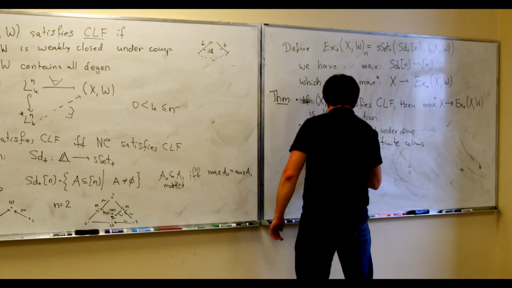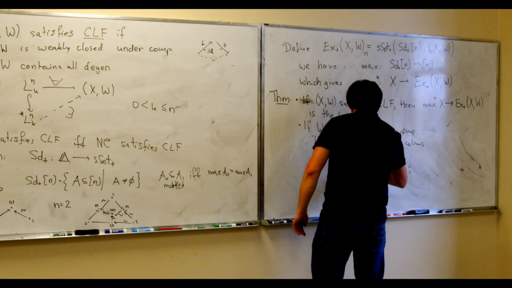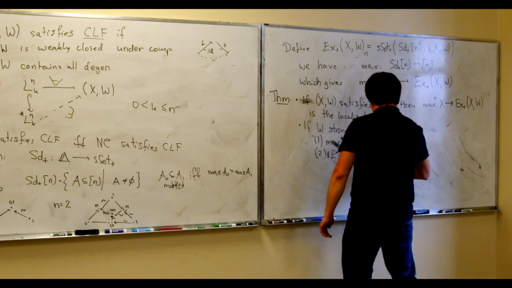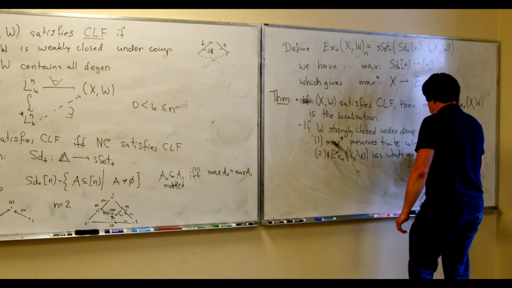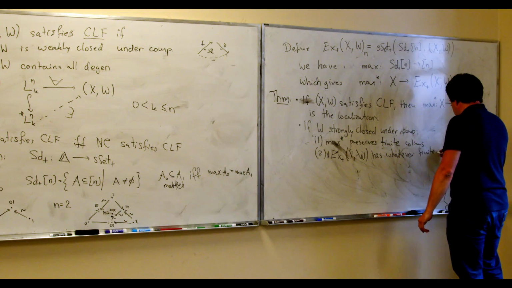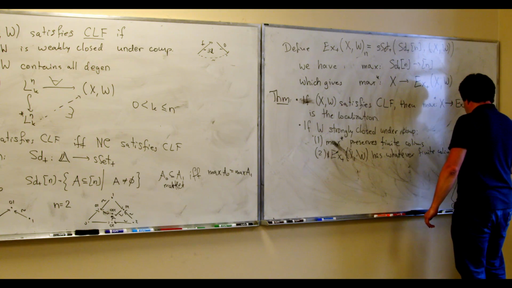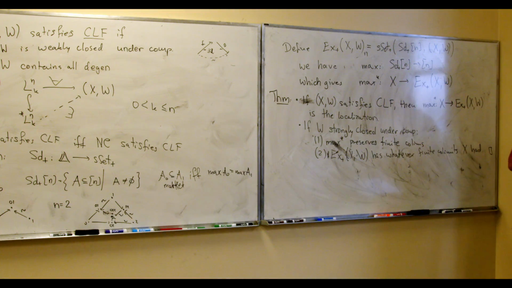And 2, X plus of X with W has whatever finite colimits X had. Okay, so I'm realizing I'm way, way, way out of time.